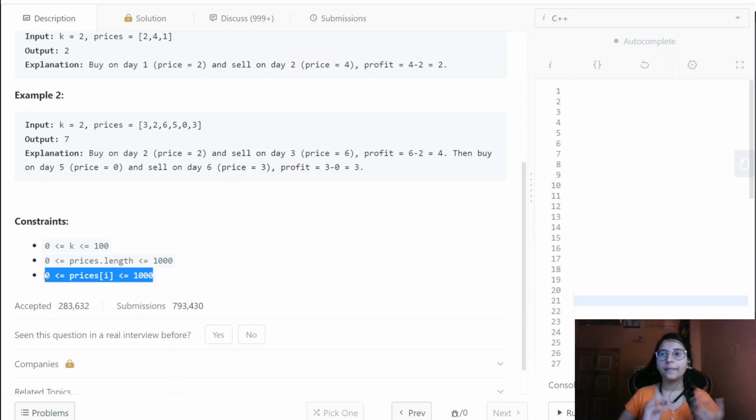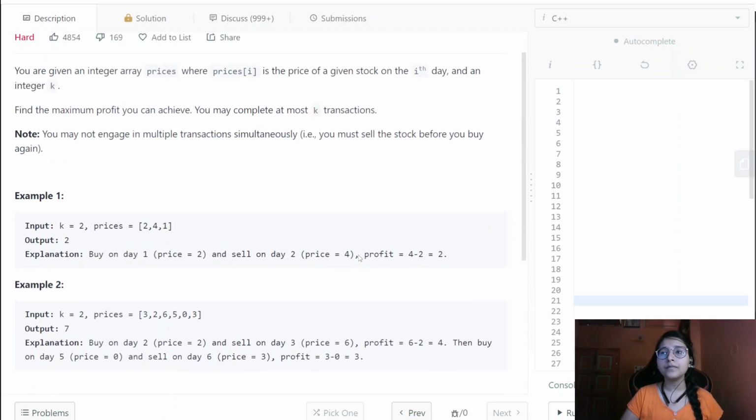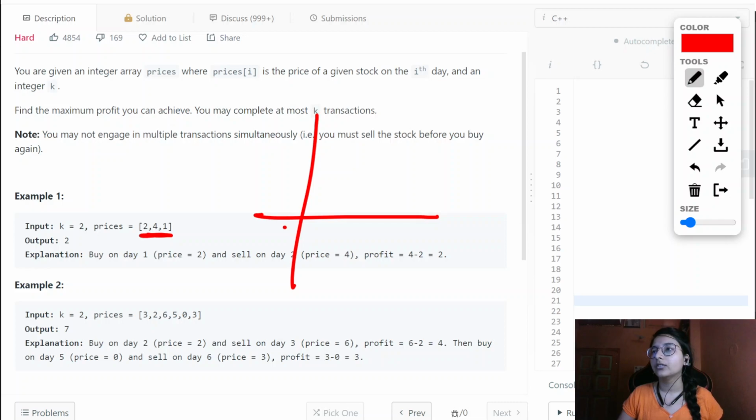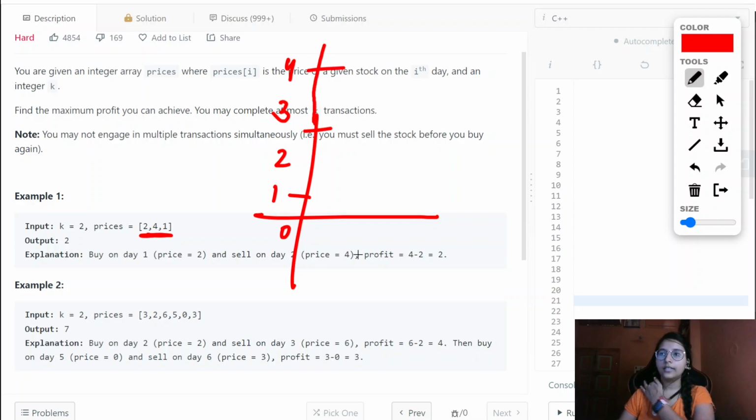Now comes the part of how we are required to do this question. In layman's manner, if we see this particular prices array and plot a graph, with points 0, 1, 2, 3, 4, we can make at most k transactions, right?